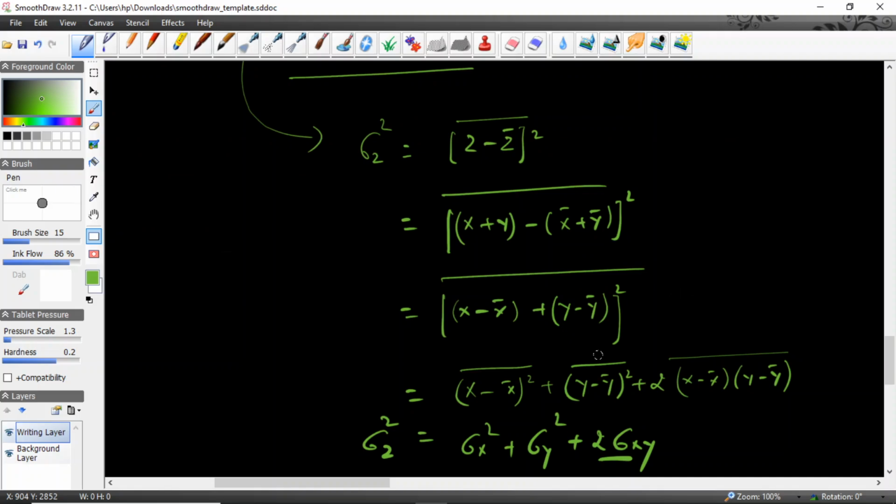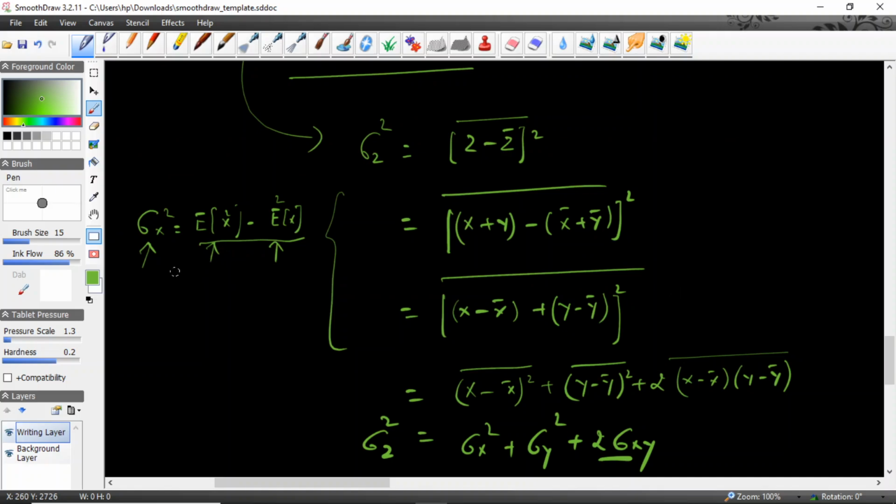And we have also seen that the variance sigma x square is basically E of x square minus E square of x. That is, the variance of the random variable x is the mean square value minus the square of the mean.